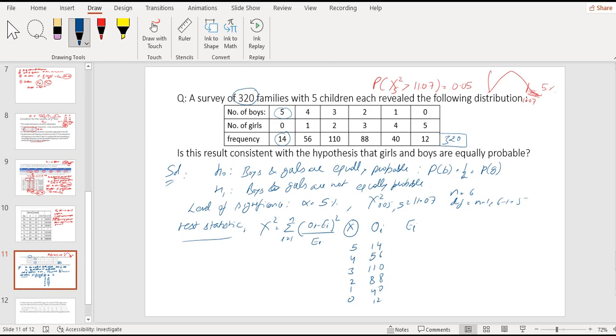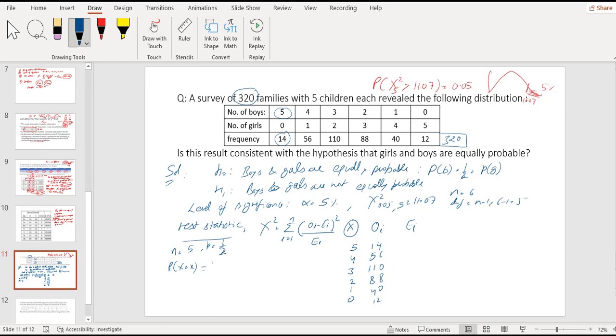So what is the probability that in a family we have 5 boys? In this case, when the number of trials is 5 and we want to find the probability of X equal to x, and the probability of success is known, then we can apply the binomial distribution, right? When we repeat the experiment a finite number of times and the probability of success remains constant, we apply the binomial distribution.